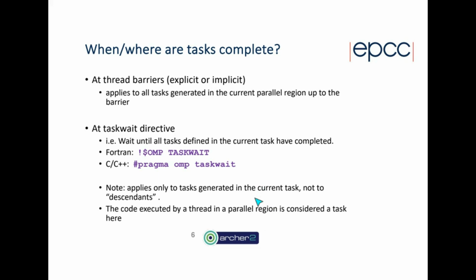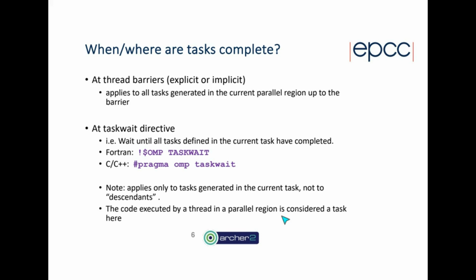The way this is worded, it kind of says this only makes sense if we have nested tasks, but actually it works without nesting as well, because the code executed by a thread inside a parallel region is considered a task for these purposes. The way it's worded in the specification, that's an implicit task.